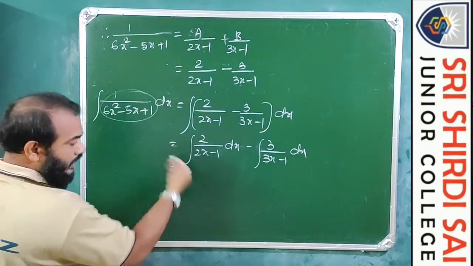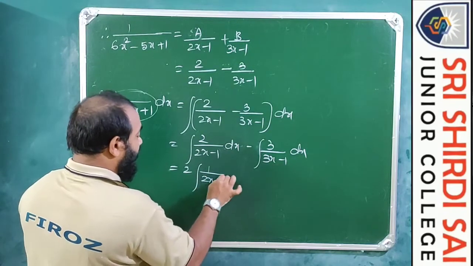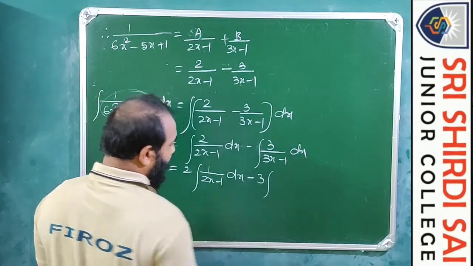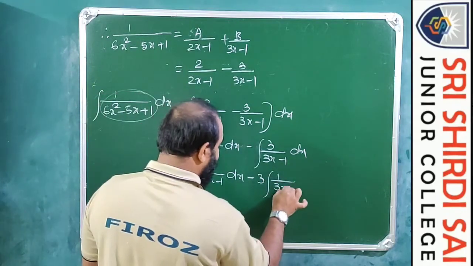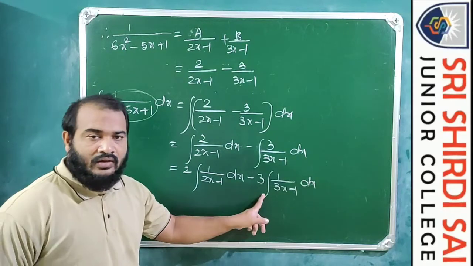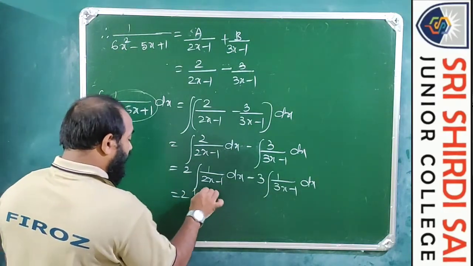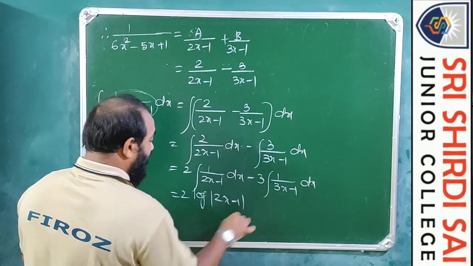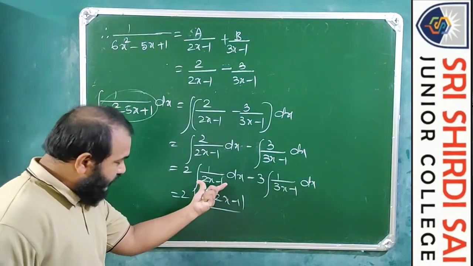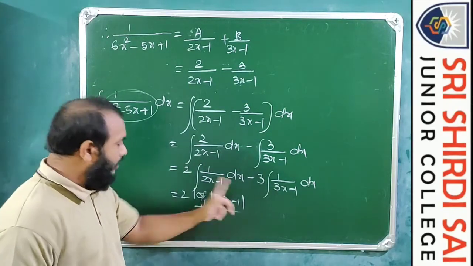So 2, I am separating from the process of integration: 1 by 2x minus 1 dx, minus 3, I will separate from the process of integration: 1 by 3x minus 1 dx. So it is of the form integral 1 by x dx. What is integral 1 by x dx? Log mod x. So 2 log modulus of 2x minus 1, since we have treated 2x minus 1 to be x, then it has become integral 1 by x dx.